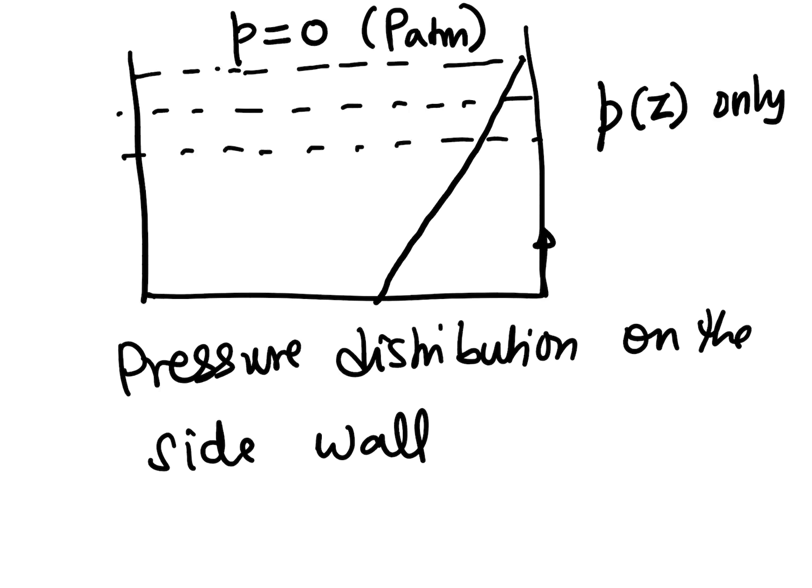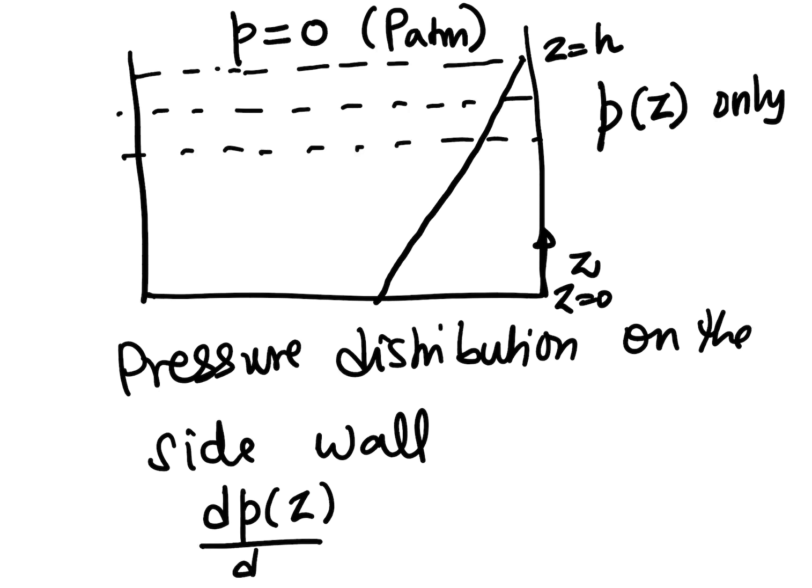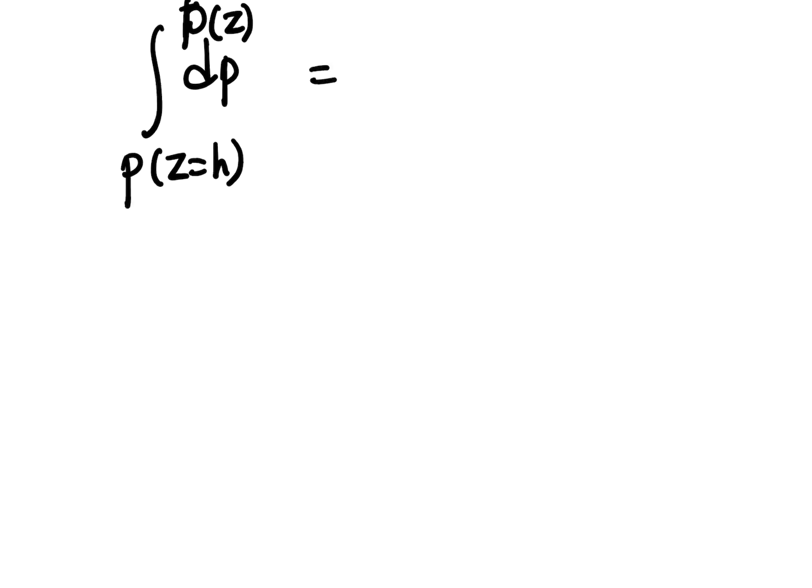So if we say this is Z, this level is Z equals 0, this level is Z equals H, you can write P of Z. If you don't know how to write this, you can start with the equation dP by dZ equals minus rho G, and then integrate dP from P of Z equals H to the pressure at any height Z equals minus rho G times Z, from H to Z.